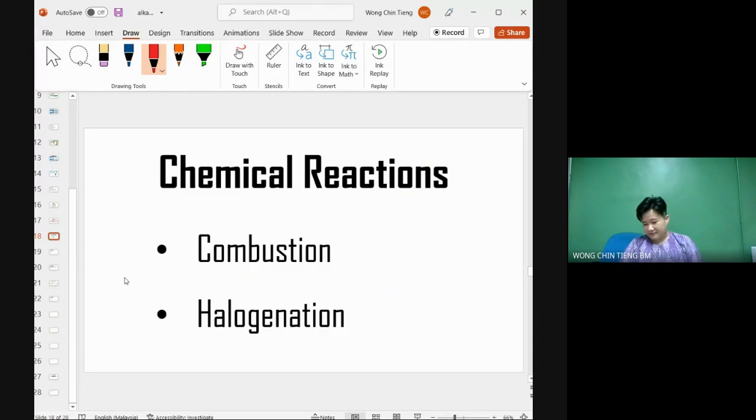Go into the last part. Chemical reaction. Not the last. Kita ada satu lagi last nanti sebab saya nak ajar mekanisme juga hari ni. So, chemical reaction kita ada dua sahaja. One is combustion, another one is halogenation. Okay, combustion. How many type of combustion do we have?